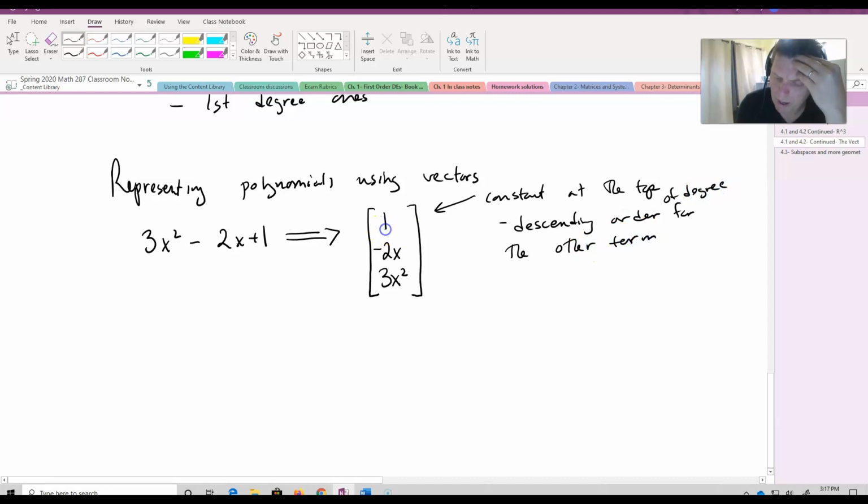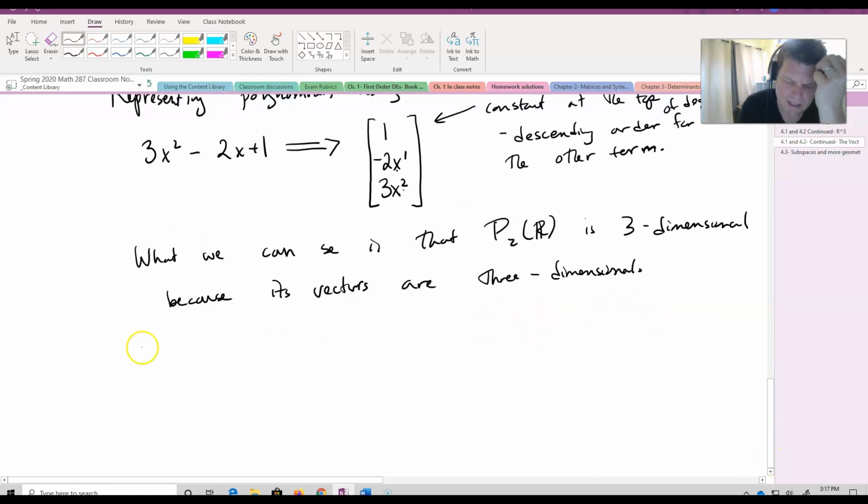So we start out here at 1, and then we go to negative 2x, that's the x to the 1, then x squared. If we had an x cubed term, say if we were in P3(R), it would be the fourth term, okay? So what we can see is that this is three-dimensional, because its vectors are three-dimensional.